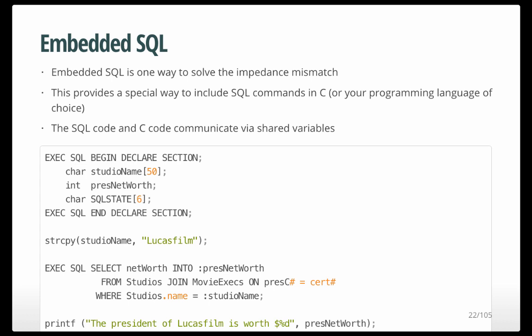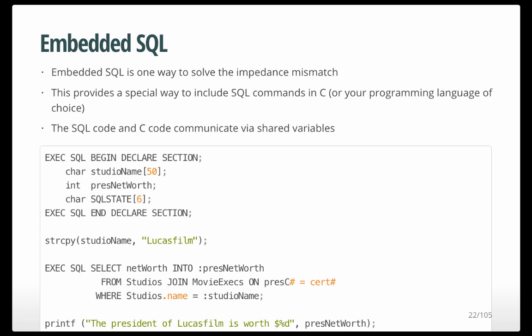Now, outside of that declaration section, you see regular C code. This is a strcpy command, which will just put the string Lucasfilm into studioName. And then here's some more SQL. What we're going to do is run a select query and look up the net worth of the president of the studio whose name is studioName.